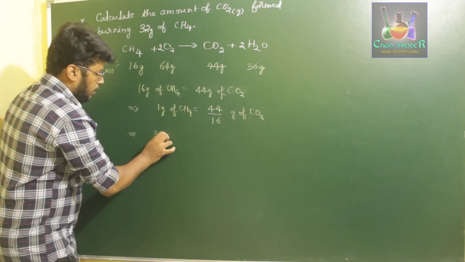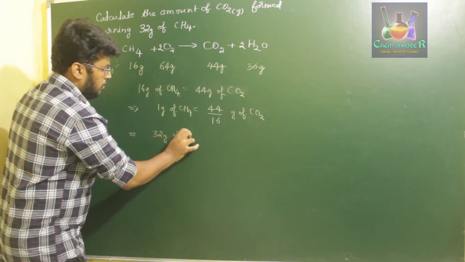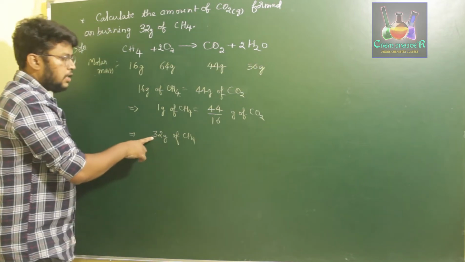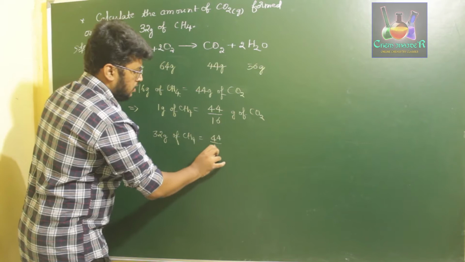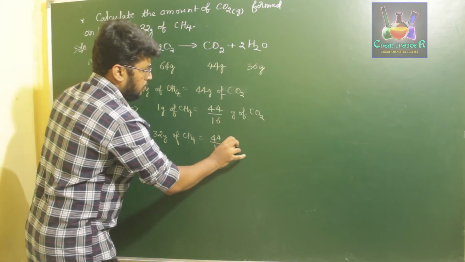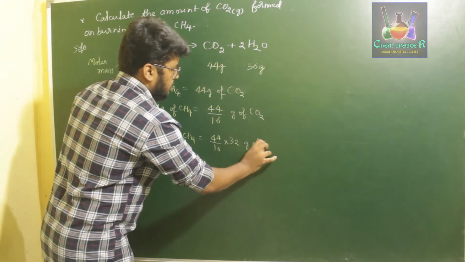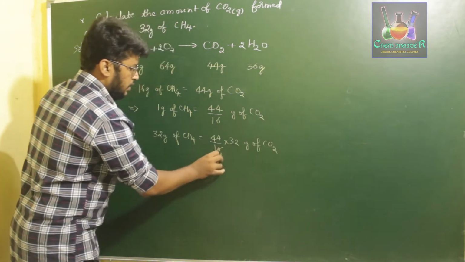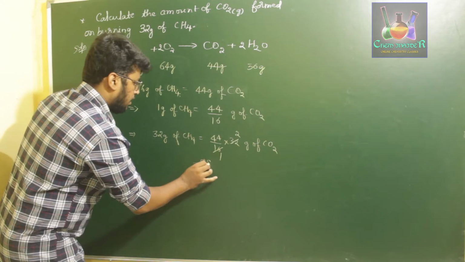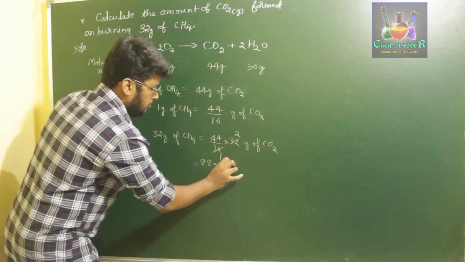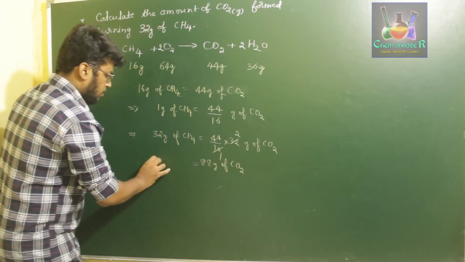So multiplying both sides by 32, we get 32 grams of CH4 giving us 44 by 16 into 32 grams of CO2. So 16 once, 16 twice, that gives us 88 grams of CO2. So this is how we are going to solve.